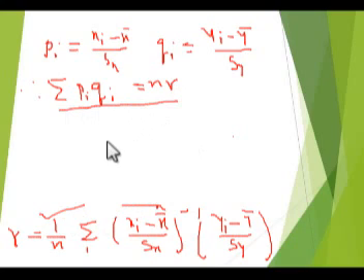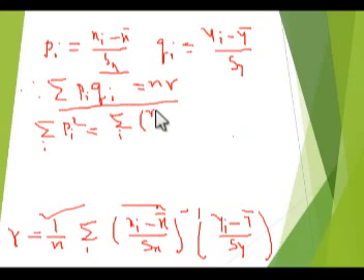Now we will find out what will be the value of summation Pi square. It is important to find out. This is Pi, so this will be summation of xi minus mean x by sx, standard deviation of x, whole square.